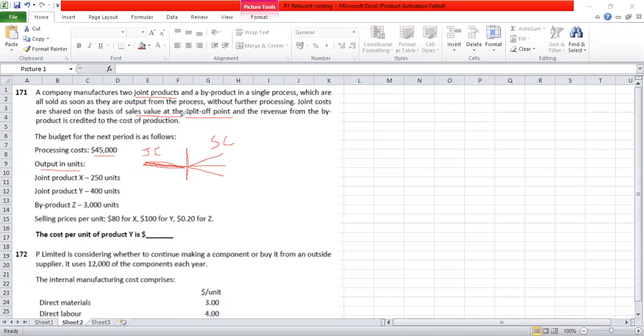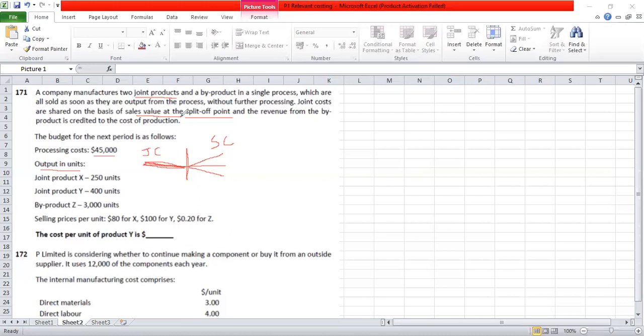Sometimes products are in an intermediary form and not completely processed. After separation, some products may be taken up for further processing, and some intermediary products also have a market. So the decision criterion is whether to sell these products at the split off point or after further processing.